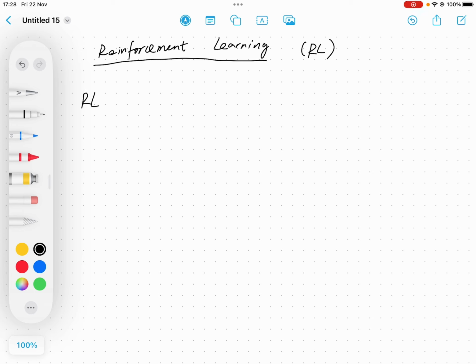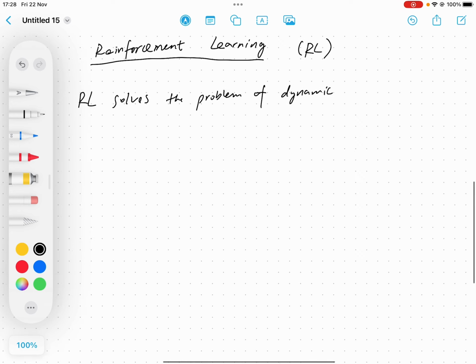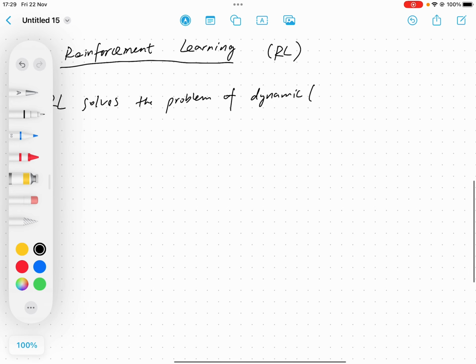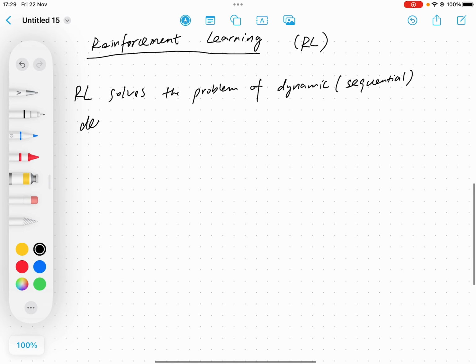So reinforcement learning, RL, essentially tries to solve a problem of dynamic or sequential decision making, a decision making problem under uncertainty, right?